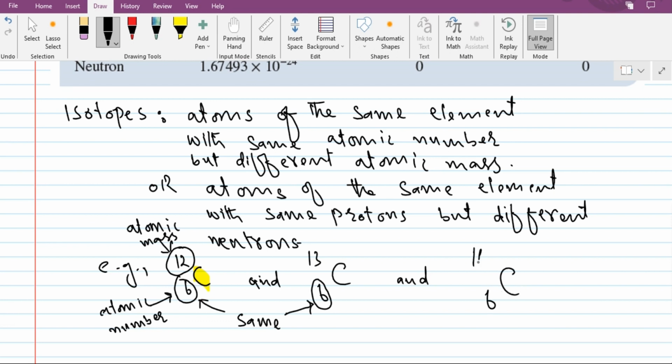Another one is C6 and 14. Now you can again easily compare. These numbers are the same, which are the atomic number.